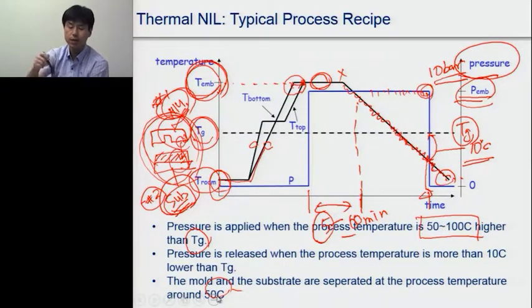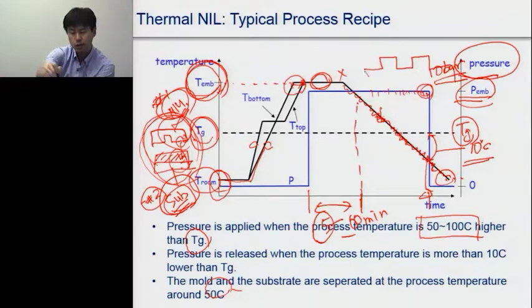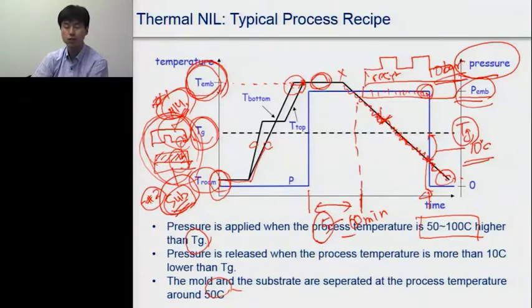So what happens if we separate at a point higher than the glass transition temperature? If we separate the master mold from the resist coated substrate, let's say this is the resist, at a temperature higher than the glass transition temperature, this resist is still in a very soft state.